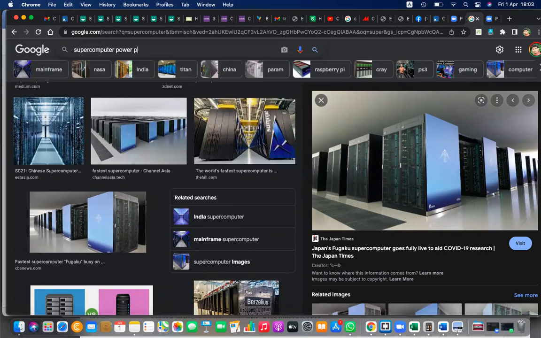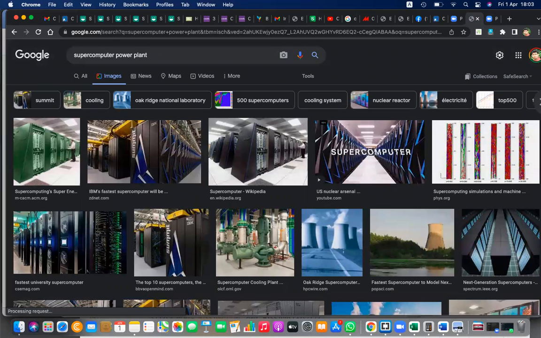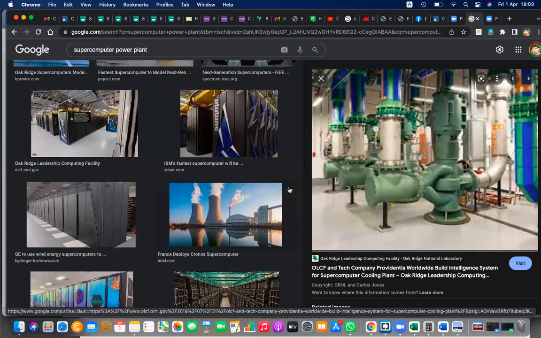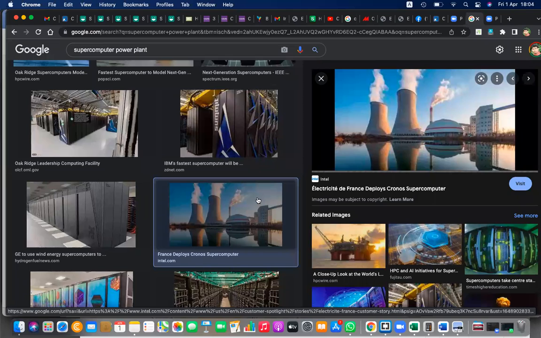You can see the power plant that some organizations are using here. This is a cooling plant. Understand the level of the heat generation. This is a cooling plant, and several more. You can see this.